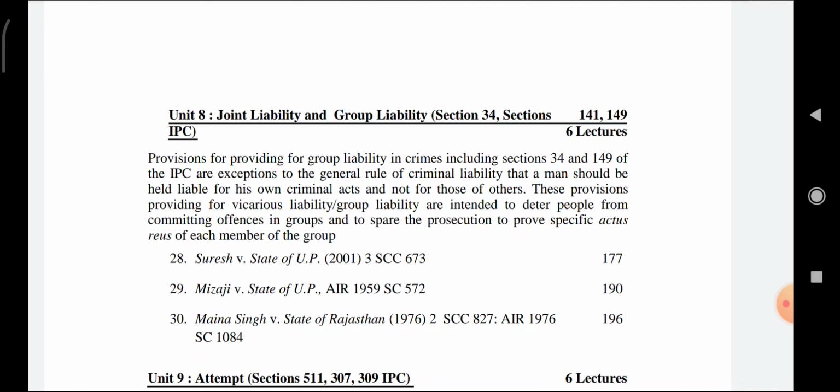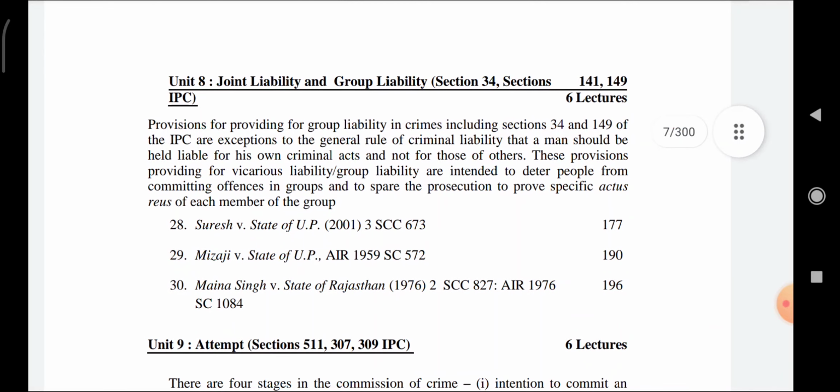These provisions for vicarious liability and group liability are intended to deter people from committing offences in groups and to spare the prosecution from proving a specific actus reus of each member of the group.